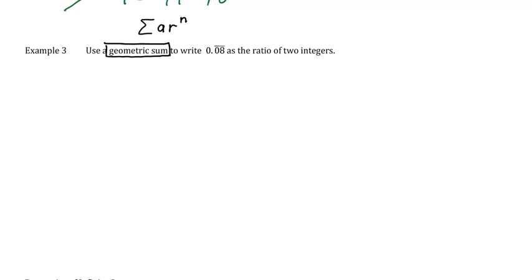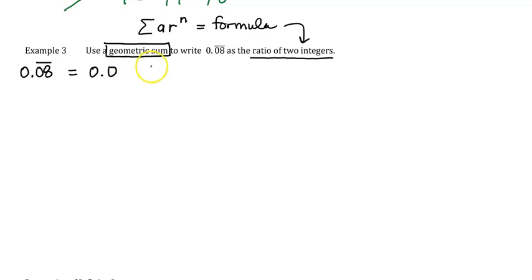Now remember, we do know a formula to evaluate geometric sums. So the formula is how we will get the ratio of two integers. So let's start with that repeating decimal, 0.08 repeating. I'm just going to expand it out some by repeating zeros and eights. And then let's think about what each of these digits mean.